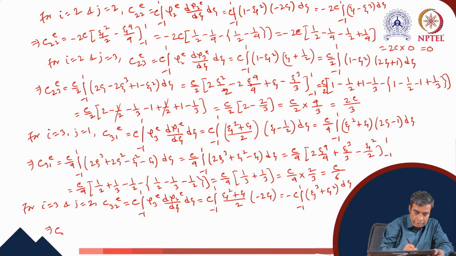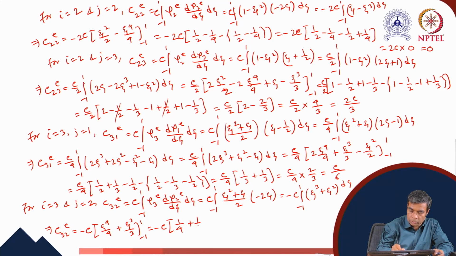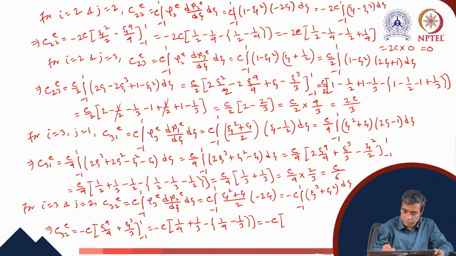It leads to C32e equals to minus c into xi to the power 4 by 4 plus xi cube by 3 from minus 1 to 1 equals to minus c into 1/4 plus 1/3 minus 1/4 plus 1/3 equals to minus 2c by 3.